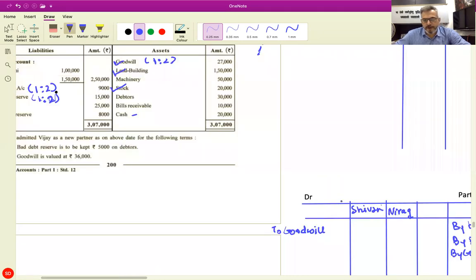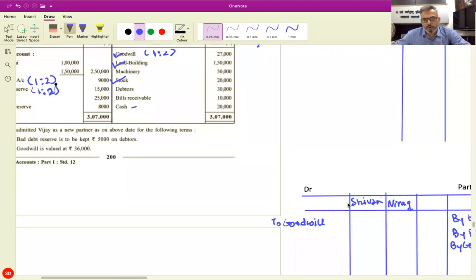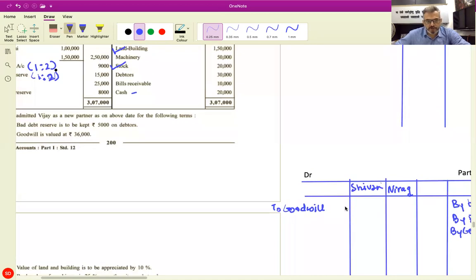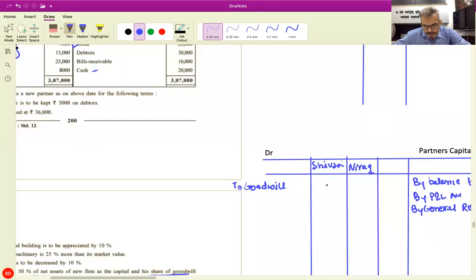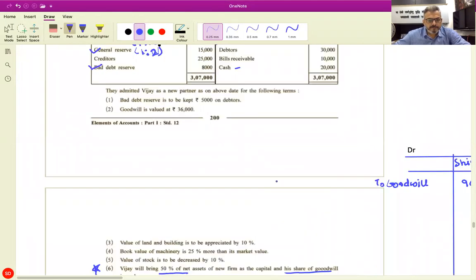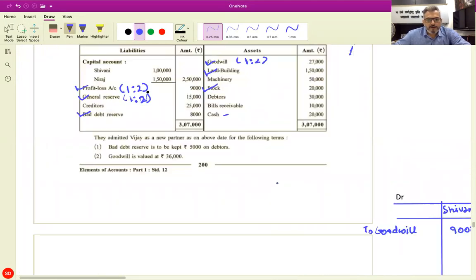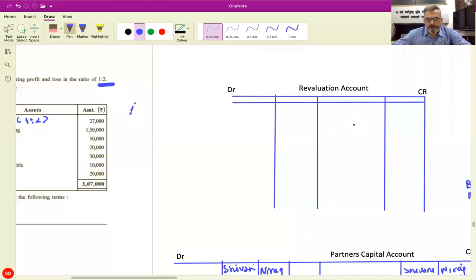Amount of goodwill is 27,000. 1 is to 2. So we will divide by 3. 3 nines are 27, so 9 ones are 9,000 and 9 twos are 18,000. Then land and building inner column 1,50,000.